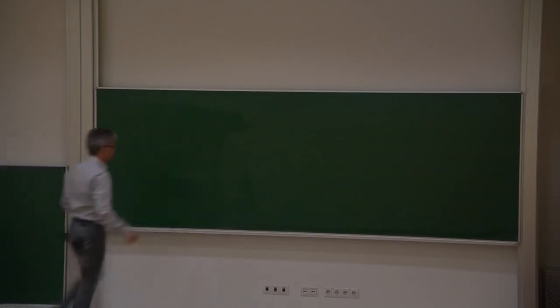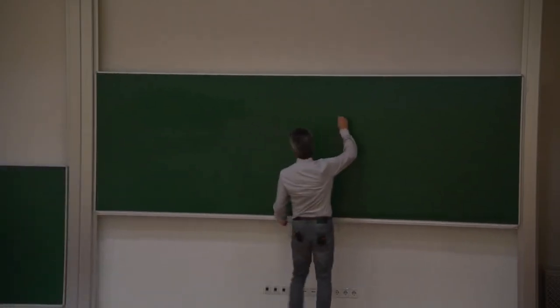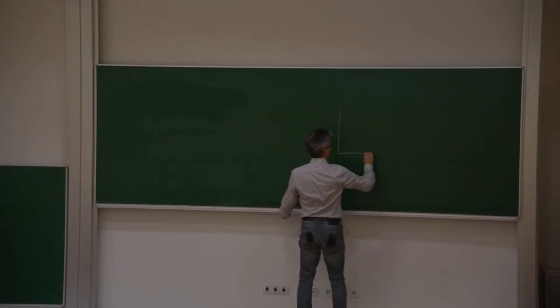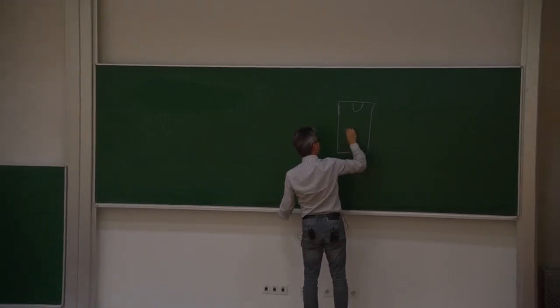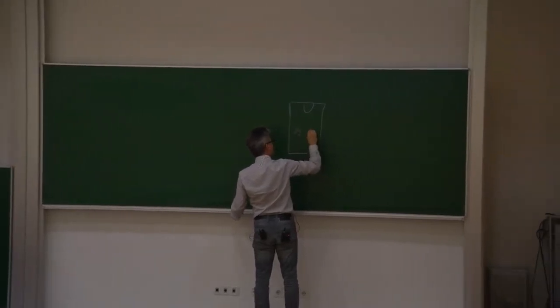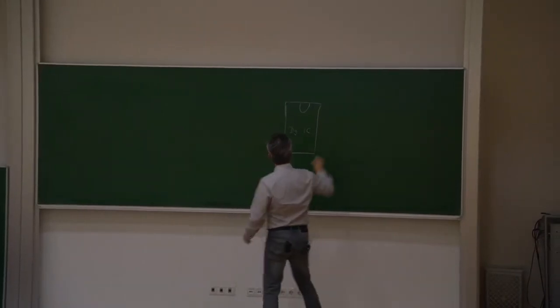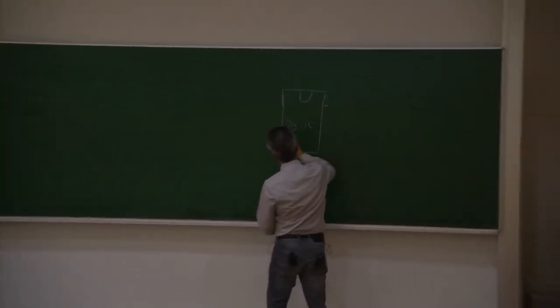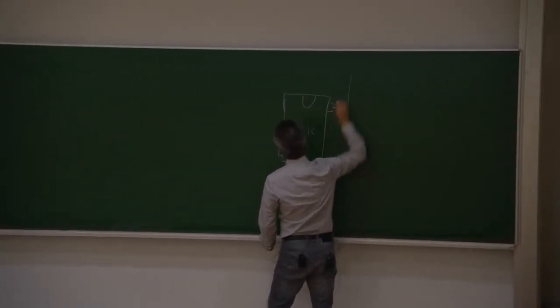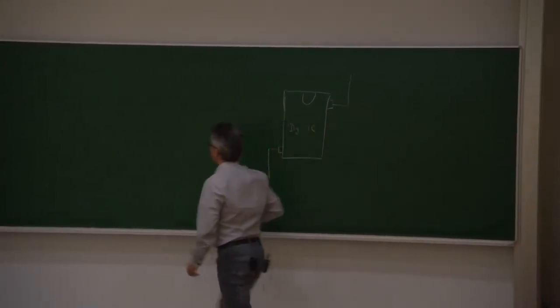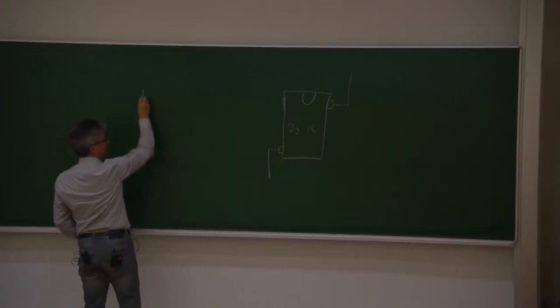Let's try to draw this configuration. So, we have our digital IC. And here we have our analog IC.